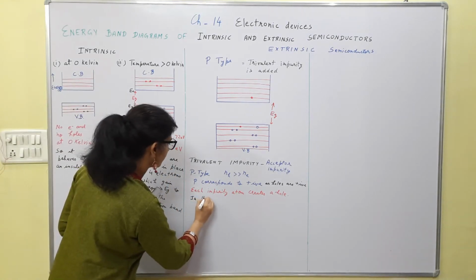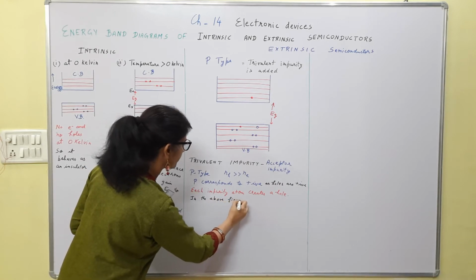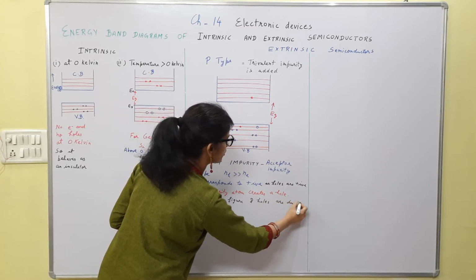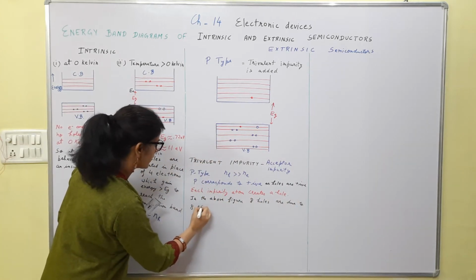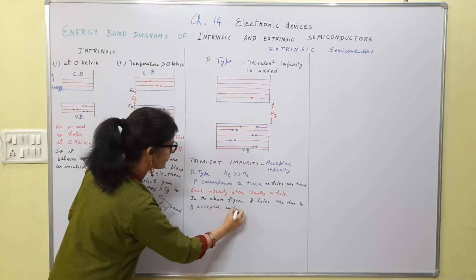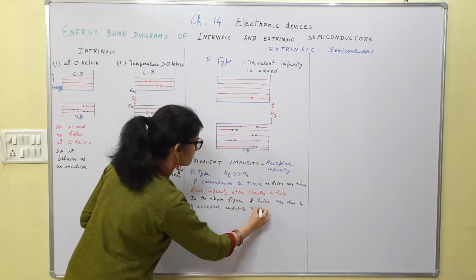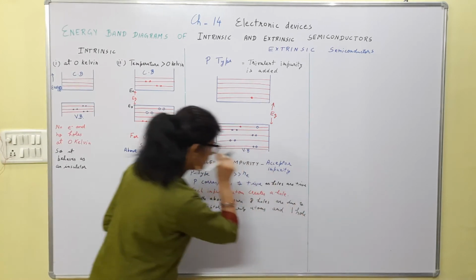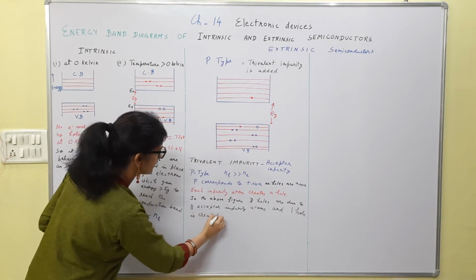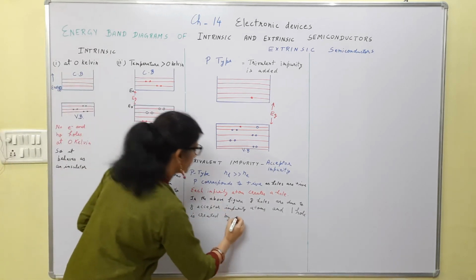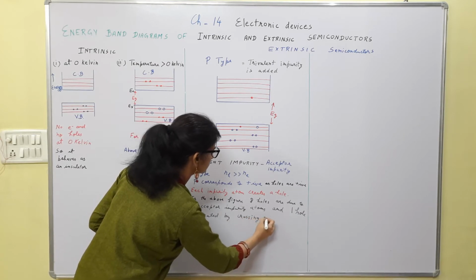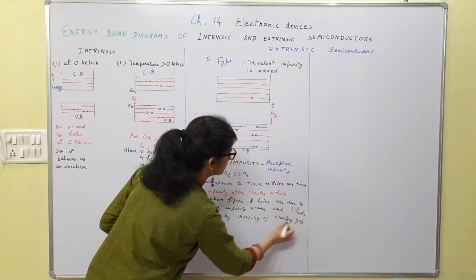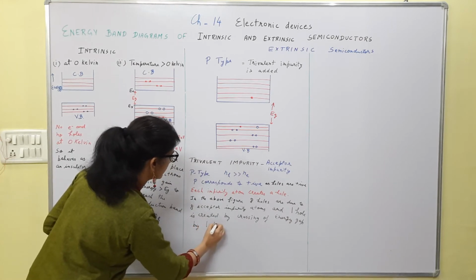So in the above figure, 8 holes are due to 8 acceptor impurity atoms and 1 hole is created by crossing of the energy gap by 1 electron.